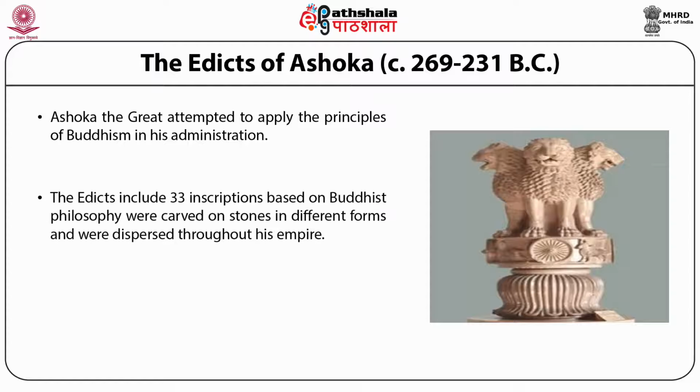The rock edicts include 33 inscriptions based on Buddhist philosophy. These were carved on stones in different forms and were installed at different places throughout his empire.